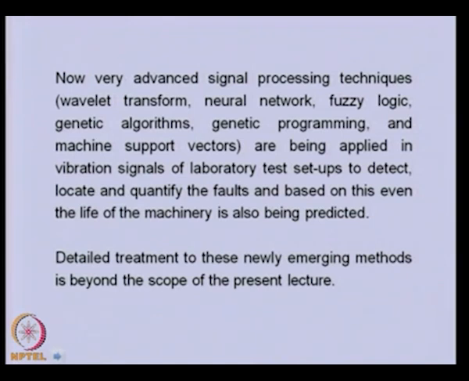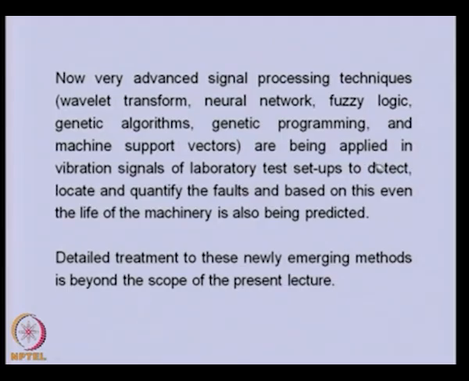Now, very advanced signal processing techniques like wavelet transform, neural network, fuzzy logic, genetic algorithm, genetic programming, and support vector machine (SVM) are being applied to vibration signals of laboratory test setups to detect, locate and quantify faults.